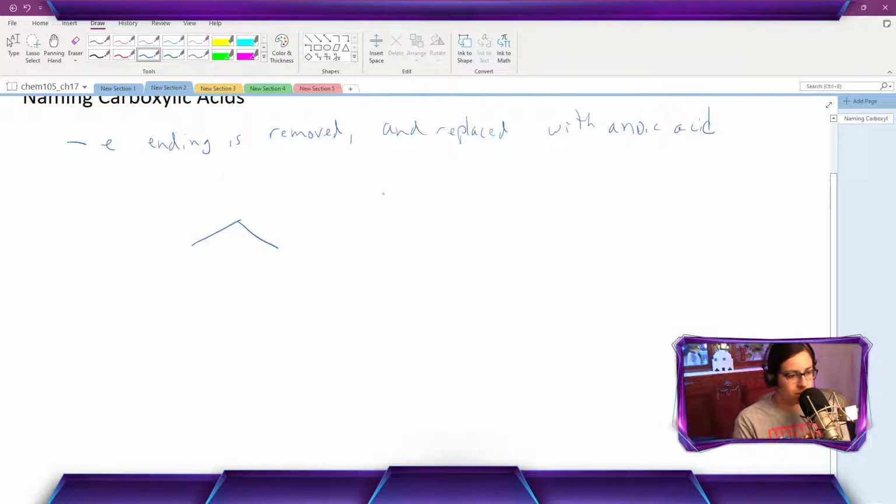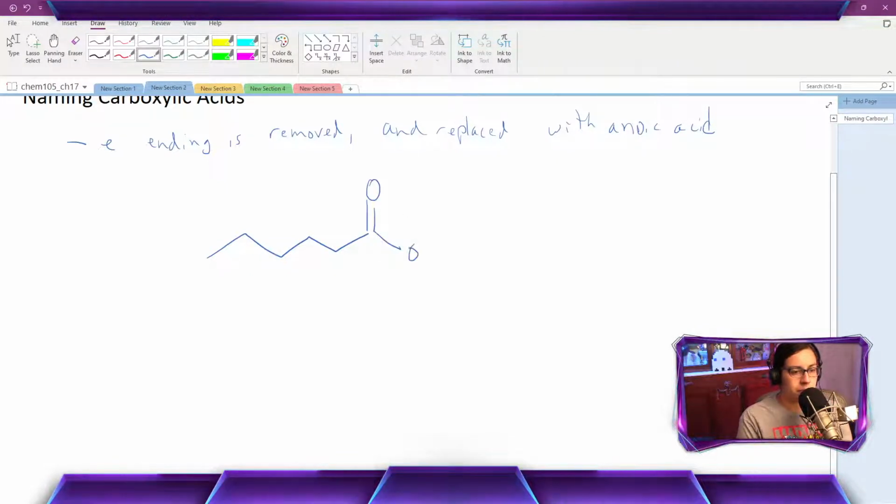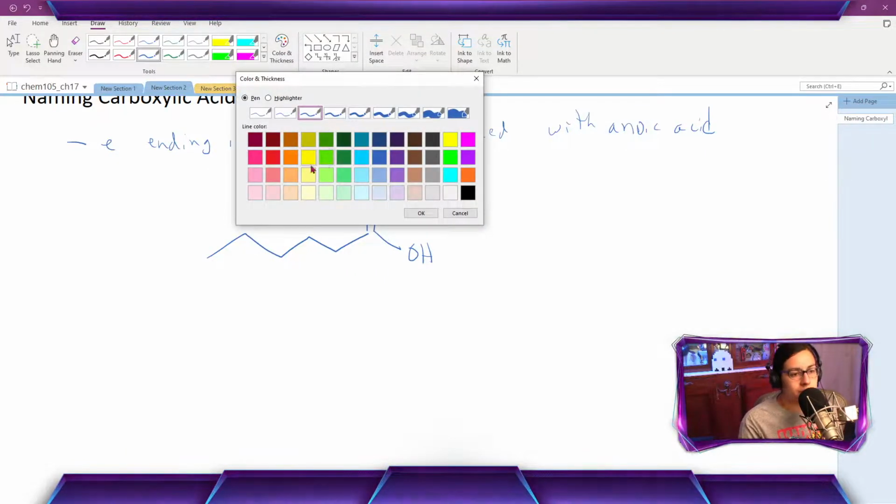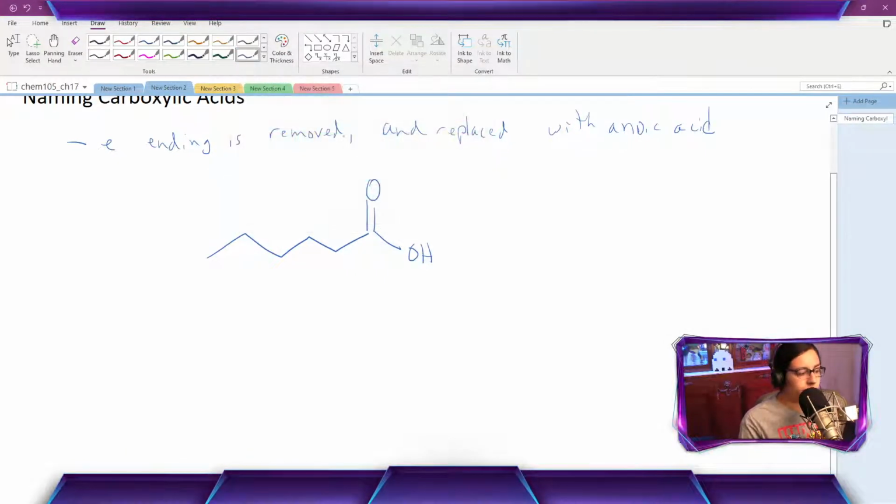Oh, I don't like the way I drew that. I apologize. And so we can also designate the positions here. So this is going to be alpha, beta, gamma, delta, epsilon.